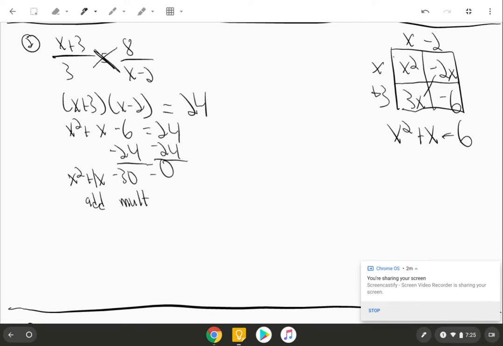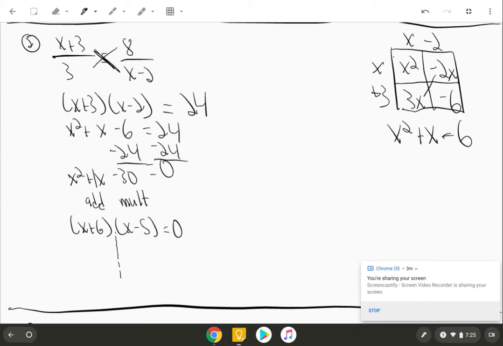That won't work. If I switch that and make it positive 6 and negative 5, does that work? 6 plus negative 5 is positive 1, and 6 times negative 5 is negative 30. So that indeed works. So the factored form is going to be x plus 6, x minus 5.